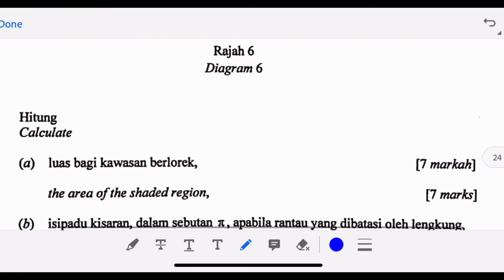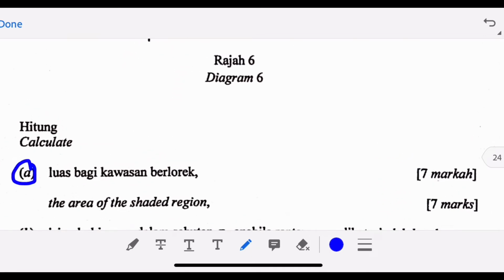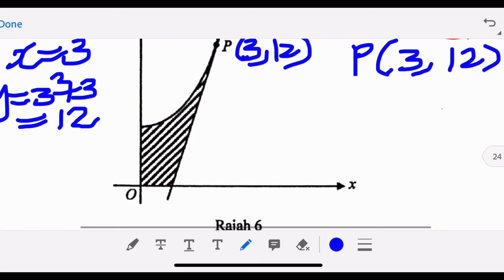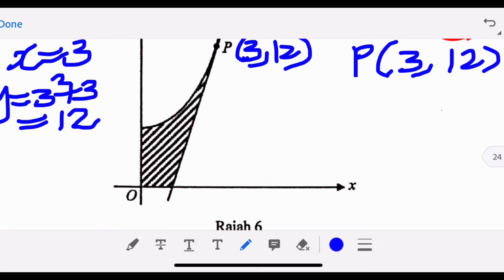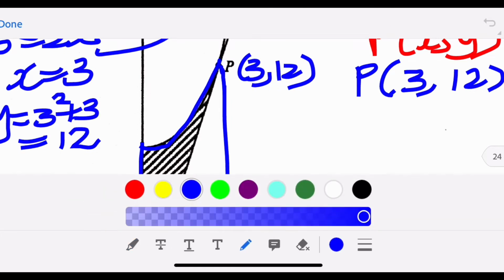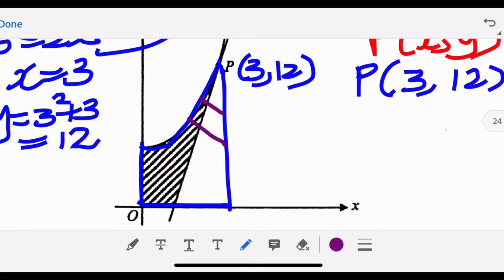It is asking for the area of the shaded region. In order to find the area of the shaded region, we need to look at this diagram. If we are going to find the area under the curve, this is the curve, we will get the area that I am highlighting using the purple color line.